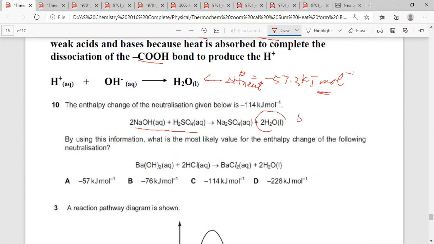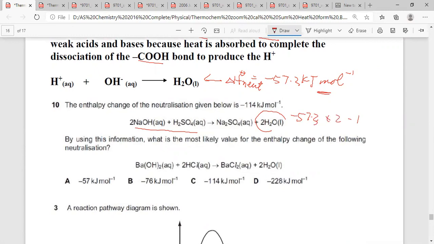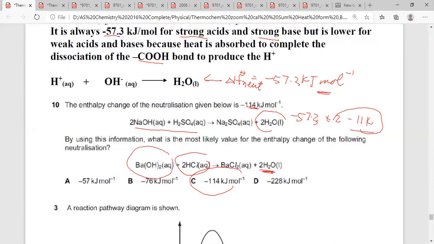So it's 57.3 times 2, about 114. So using this information, this is the most likely value for the enthalpy change. As long as it's 2 moles here, you don't care, it will be the same, because it's a strong acid and strong base. It cannot be more than this. Ridiculous, isn't it?